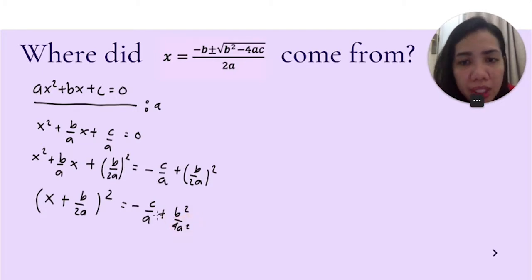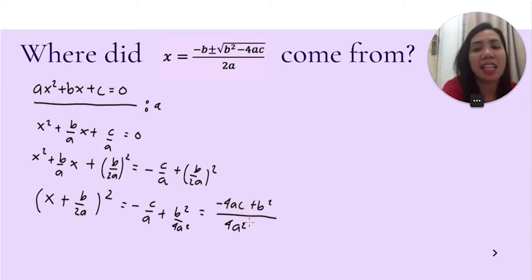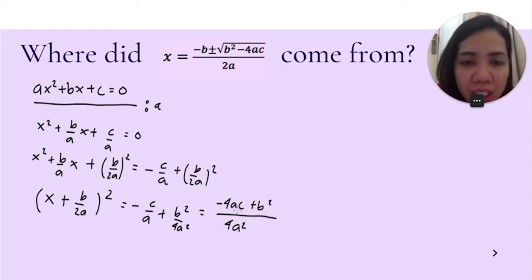We multiply the numerator and denominator of the first term by 4a so that we have a common denominator, over 4a squared. So here we have minus 4ac, and then plus b squared. It is a familiar form like we have here.